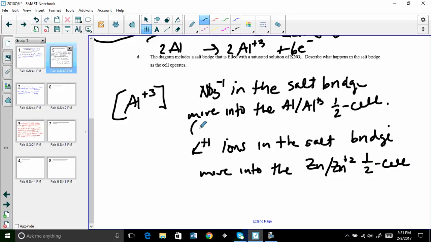By the way, this is the oxidation half cell, and this is the reduction half cell.